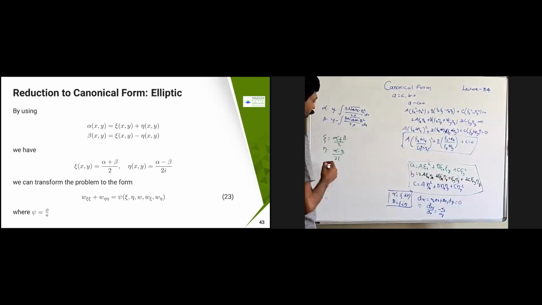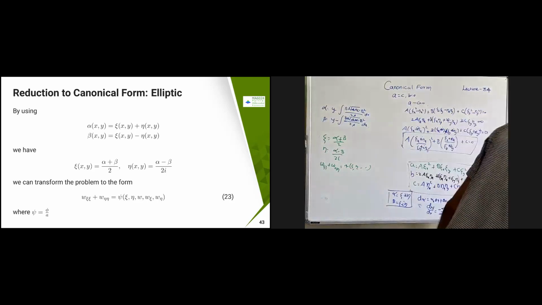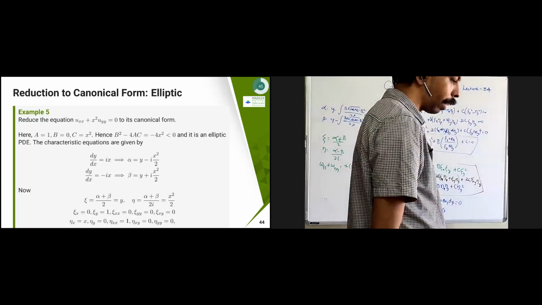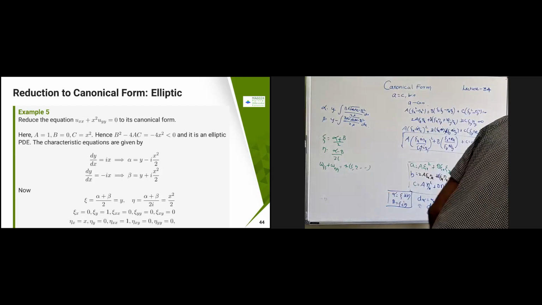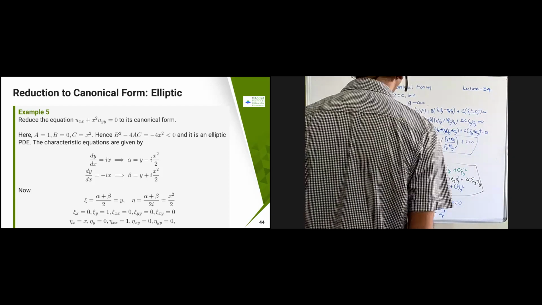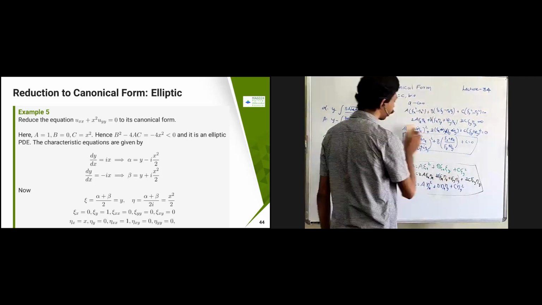Here you are going to get w chi chi plus w eta eta is going to be some psi of chi, eta, etc. Okay, so that is going to be your transformed canonical form. So we'll see some problem and then we'll go to the parabolic case after this. Here, let me erase the rest of things because I will use it in the next one.